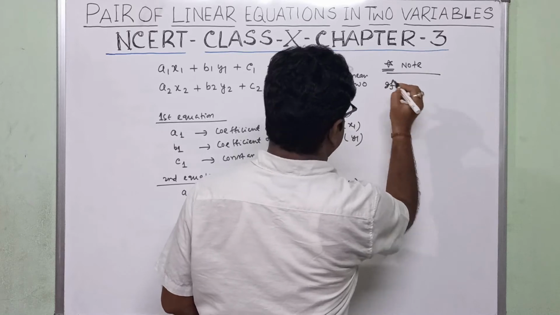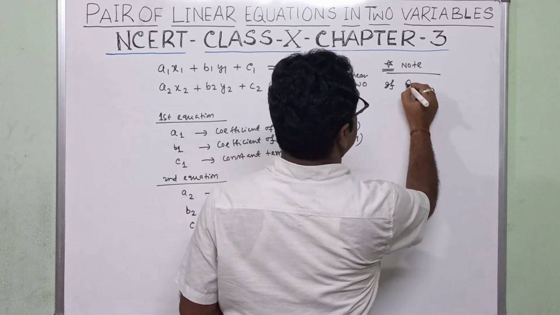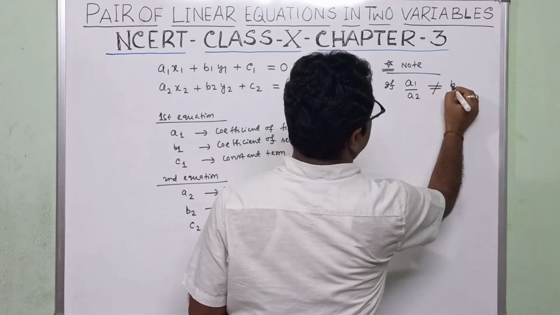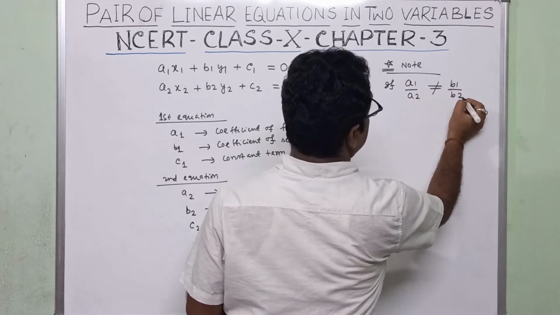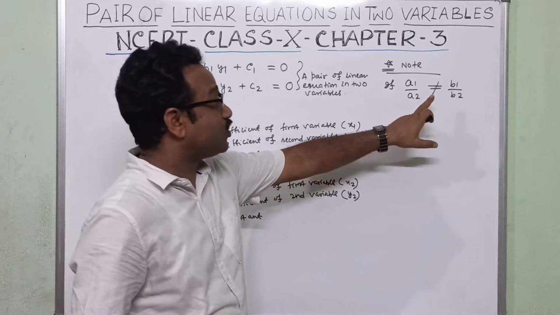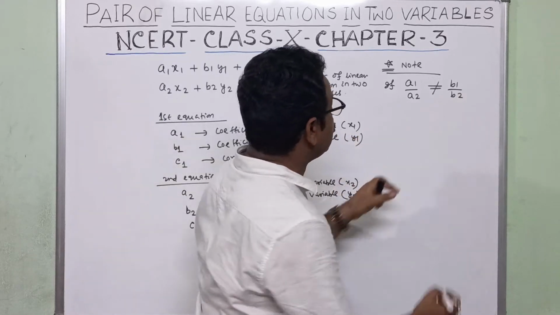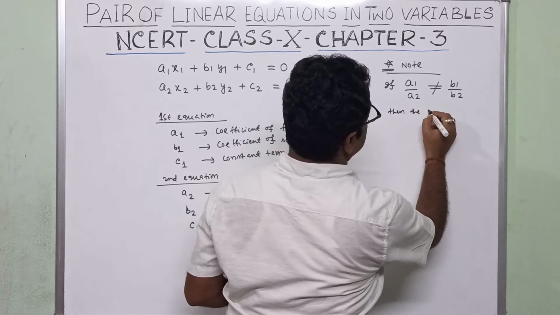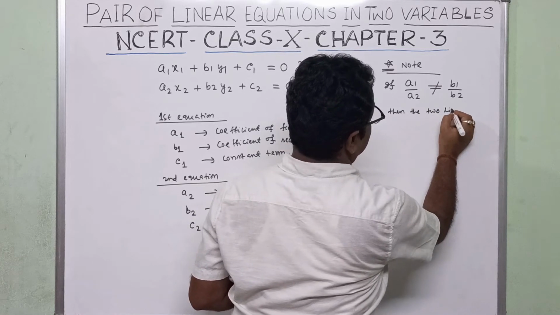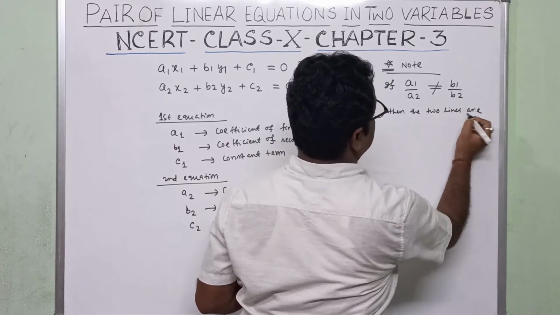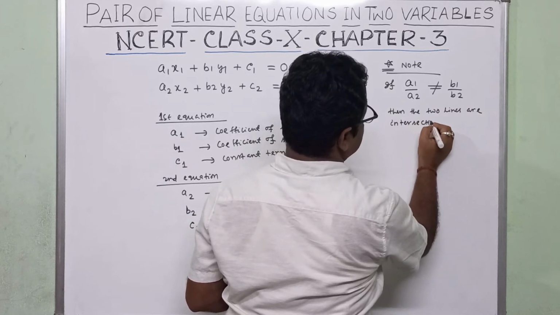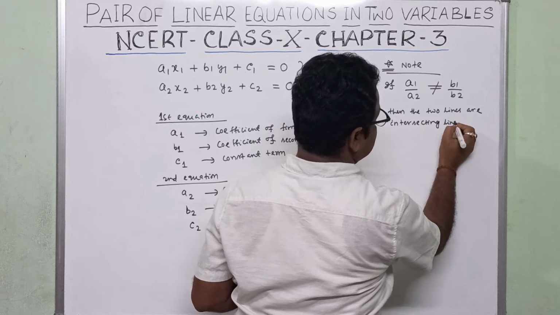If a1 by a2 is not equal to b1 by b2, then the two lines are intersecting lines.